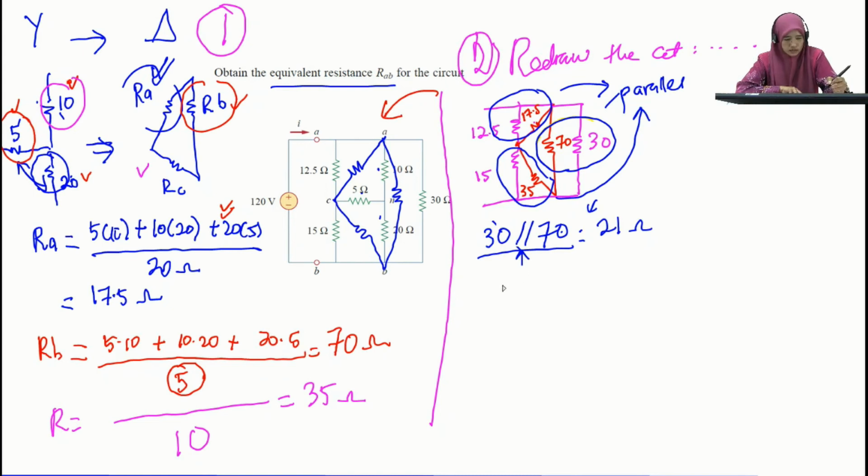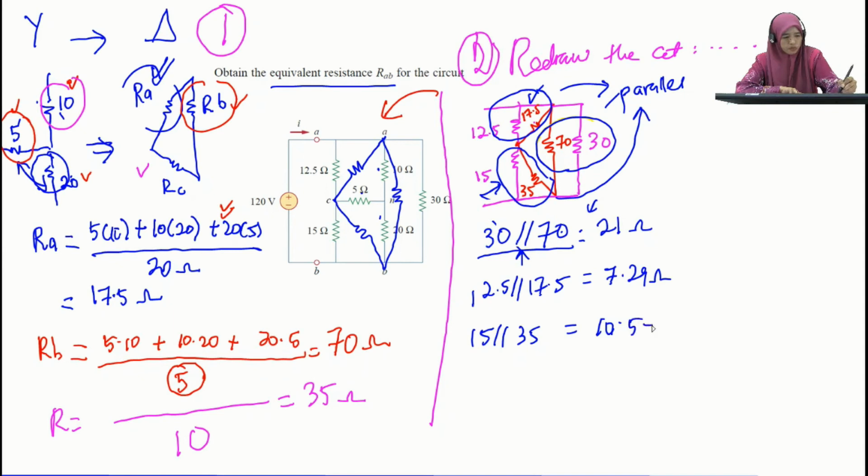And then next we have 12.5 in parallel with 17.5, right? And then you're going to have 7.29 ohm, and 15 is in parallel with 35 ohm, and eventually you're going to have 10.5 ohm.